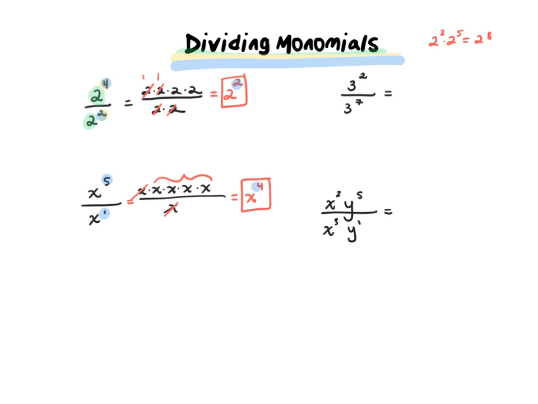Let's see some more. 3 squared over 3 to the 7th, so that's 3 times 3, and then 3 7 times. All right, so 2 of these reduce down to 1. And so all I have left in the numerator is a 1. And what I have in the denominator is 1, 2, 3, 4, 5 3's.